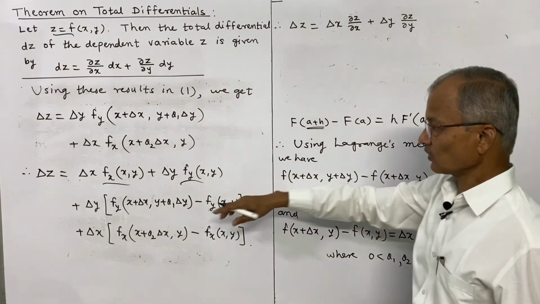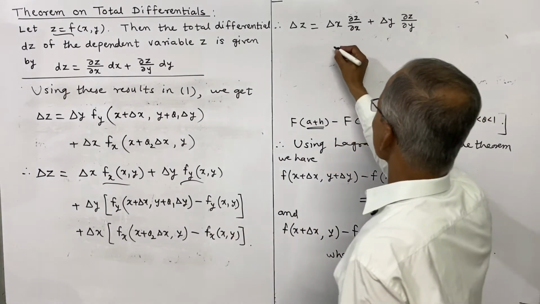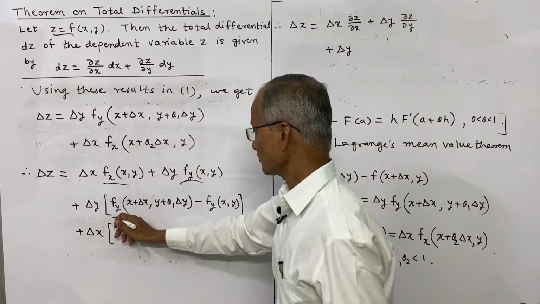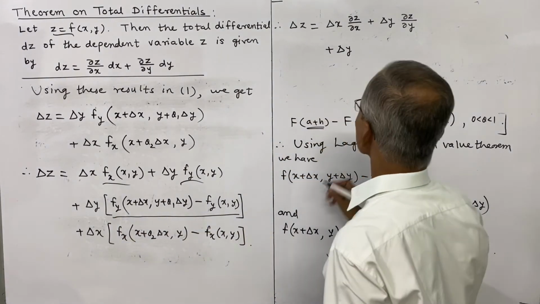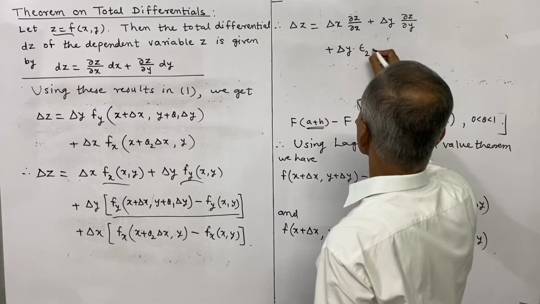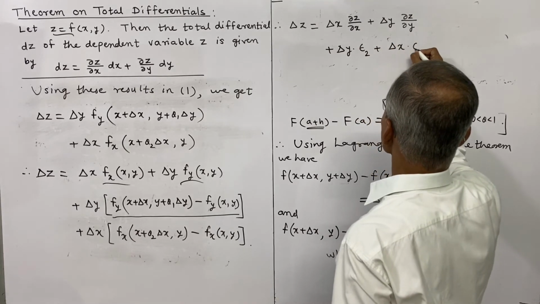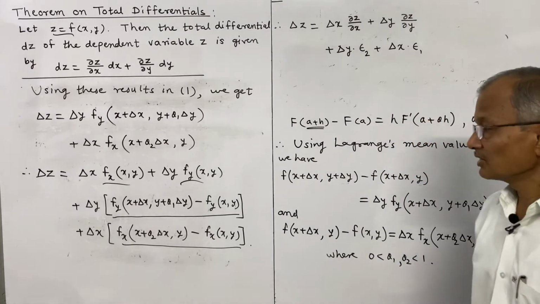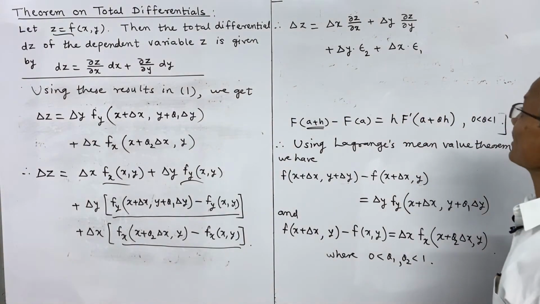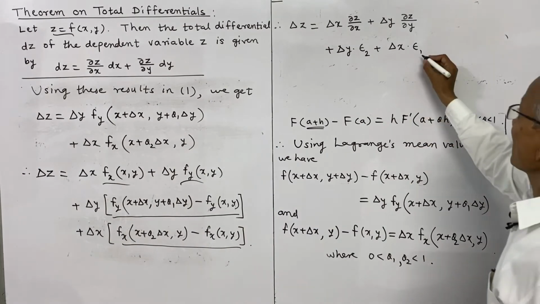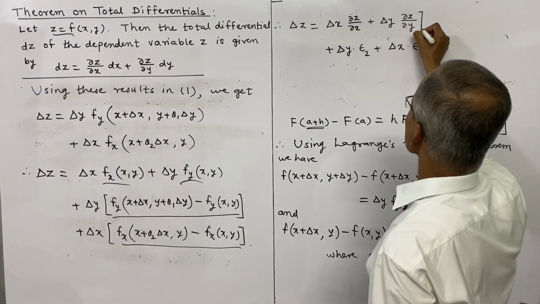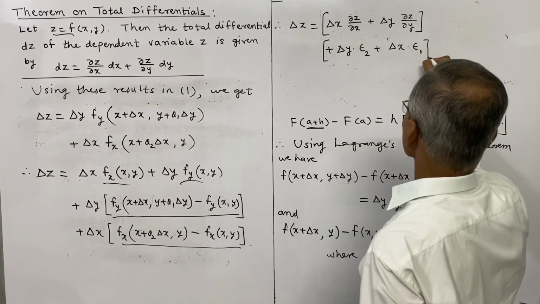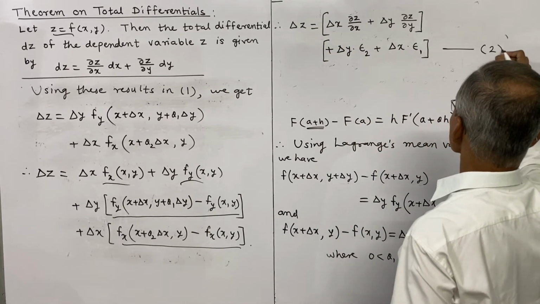I have written the first two terms, and plus delta y, and I shall write this bracket as epsilon 2, plus delta x, and the second bracket I shall write as epsilon 1. So these quantities are denoted by epsilon 2 and epsilon 1, and again I shall put this in one bracket and this in another bracket, and I shall call this the second relation.